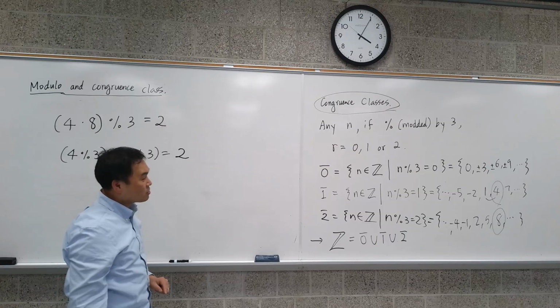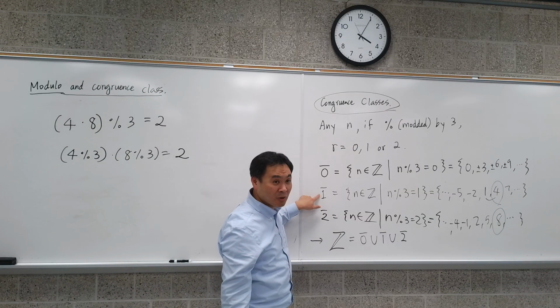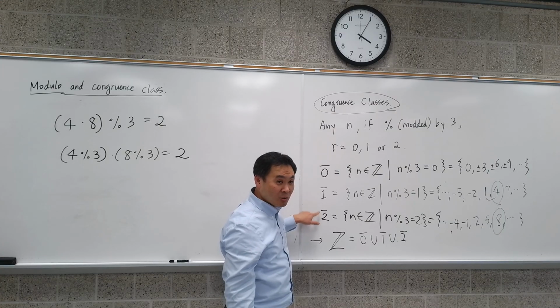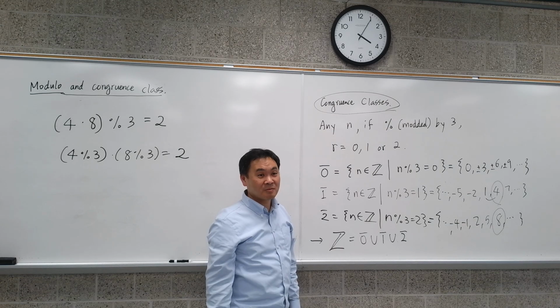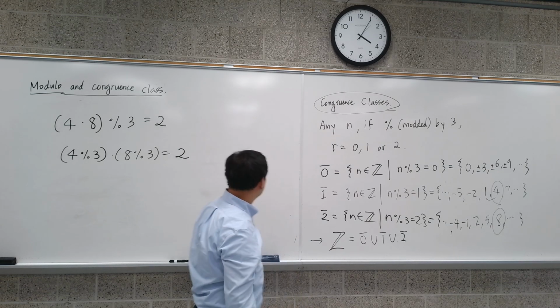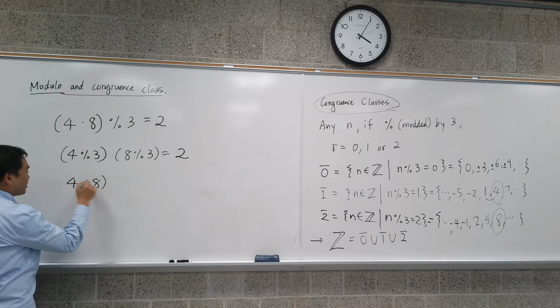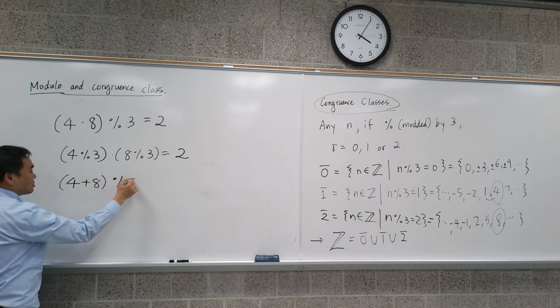Okay. So what it's saying is that if you take an element in 1 bar and another one in 2 bar, you multiply them. 1 times 2 is 2, so you get something in 2 bar. Interesting, right? What about this one? 4 plus 8 mod 3. What do you get?